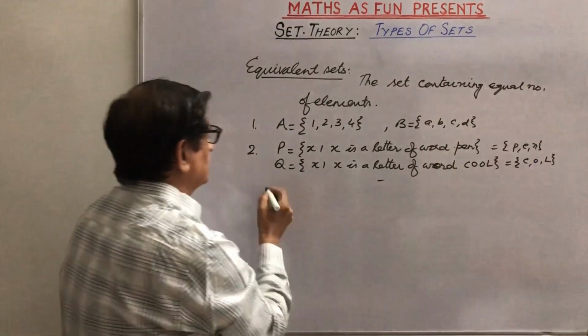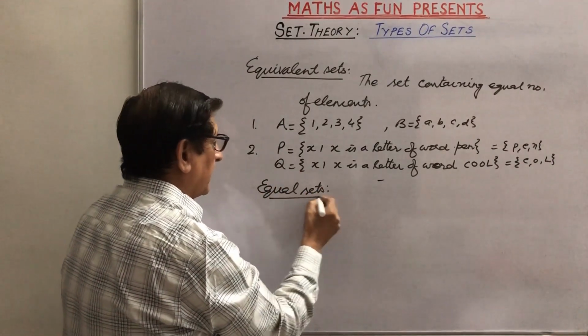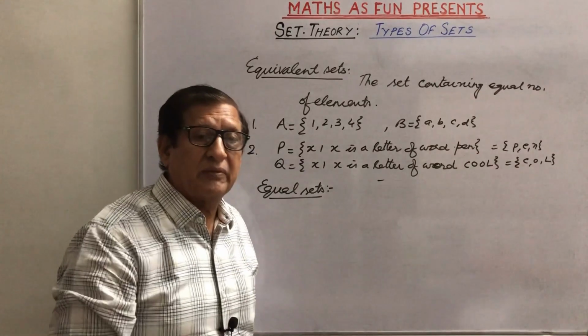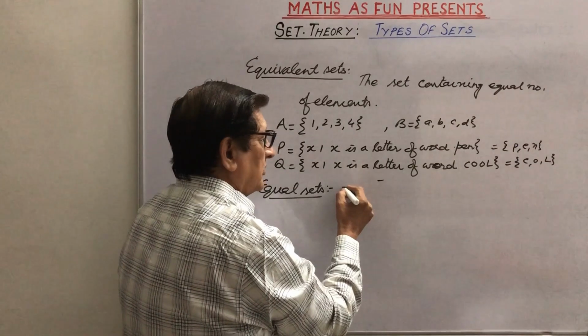Now coming to equal sets. Equal sets are having the same elements. So we can also define it like this.